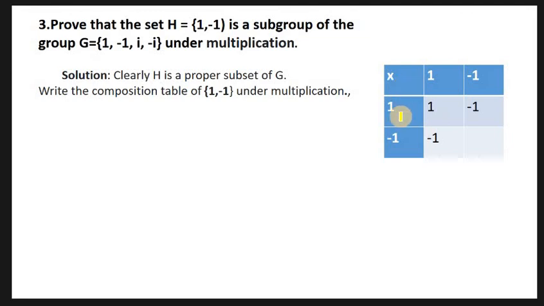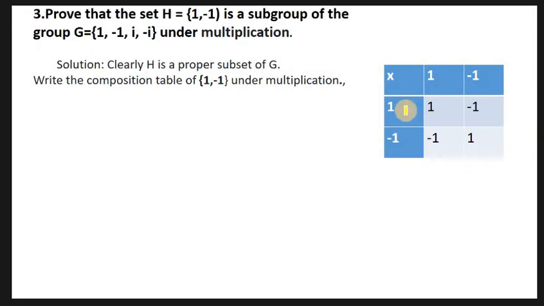With respect to multiplication, 1 into 1 is equal to 1, 1 into -1 is equal to -1, and in the column, 1 into 1 is 1, 1 into -1 is -1. Then the last element is 1, because -1 into -1 is equal to 1. Now let us observe the elements of this table. Those are 1, -1, -1, 1.